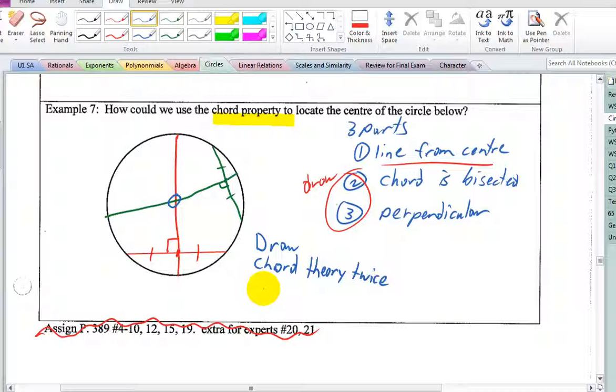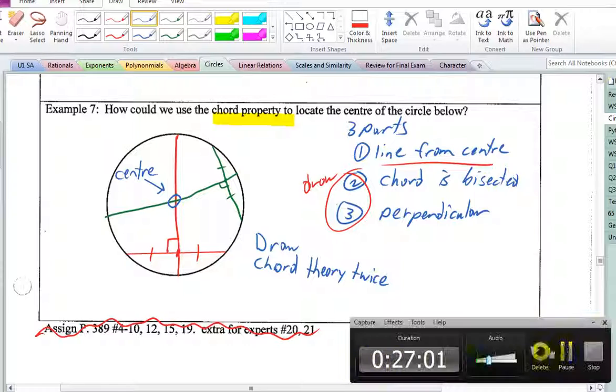Because if you draw it twice, both the green and the red must go through center. So now you know where the center is. Any questions? Okay. Perfect.